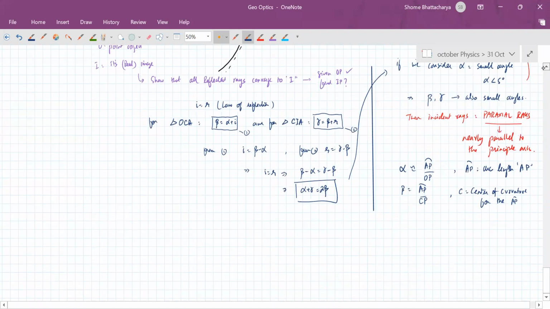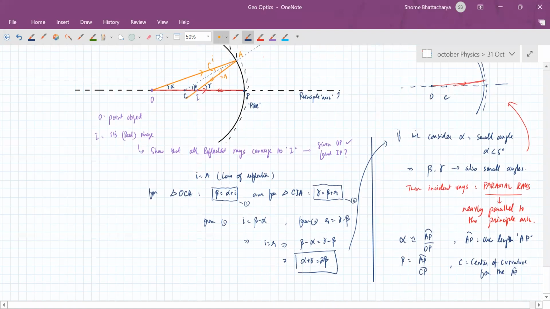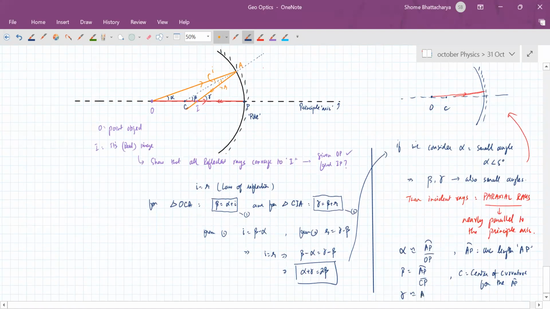And in the same way, gamma gets approximated as arc length AP divided by IP. These approximations are subject to the condition that they are paraxial rays.